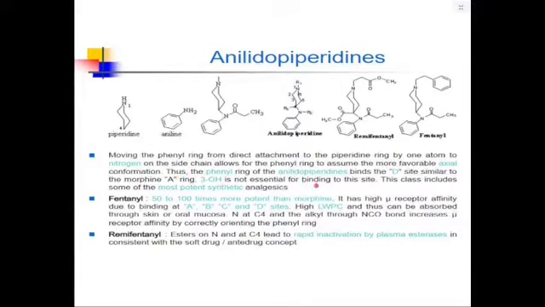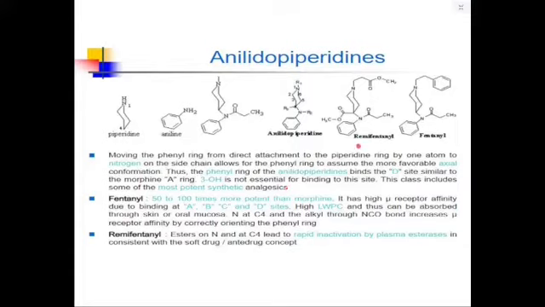The 3-hydroxyl group is not essential for binding to this site in this class, and therefore you find these compounds do not have the 3-hydroxyl group, because they do not bind the hydrophilic site of the morphine receptor site. They are only using their aromatic ring to bind the D site, and therefore the 3-hydroxyl group is not necessary.